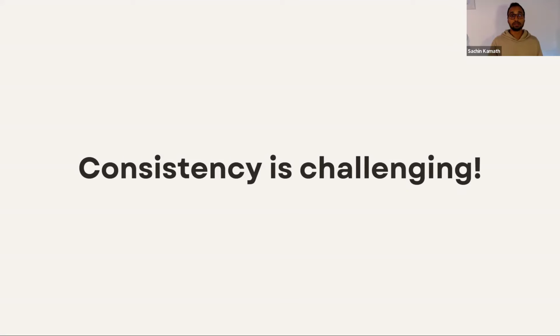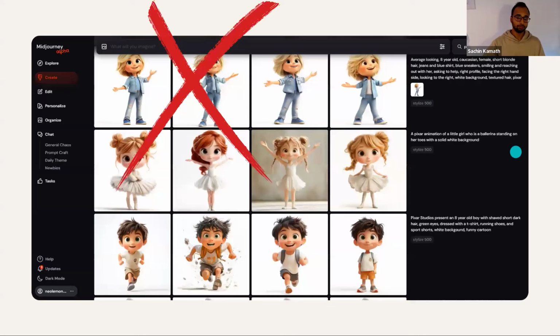So achieving consistency manually, for example, takes hours of effort, especially when showing characters in different actions like running, smiling, or reading. We have been using traditional methods, Procreate, Photoshop, to do all of these editing and tweaking, but it takes a hell of a lot of time to get those things done. And you need professionals to handle these tasks.